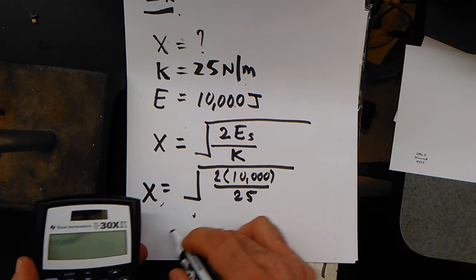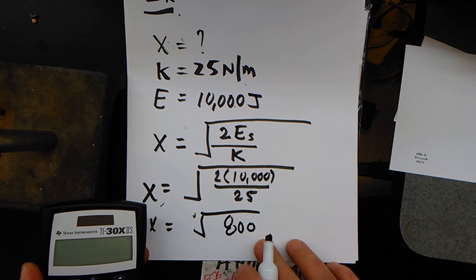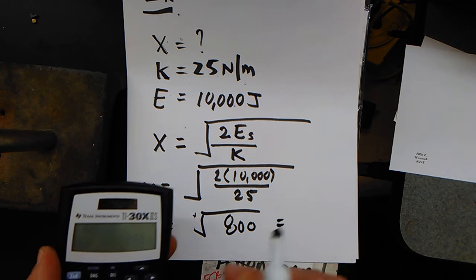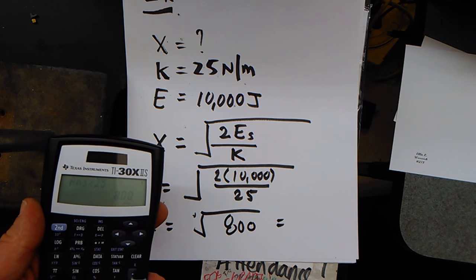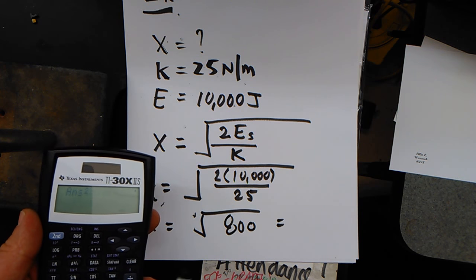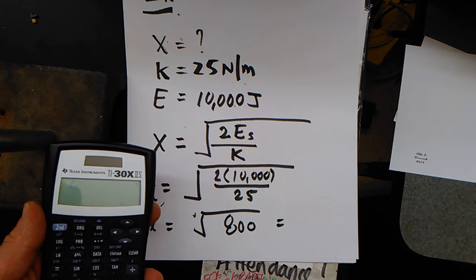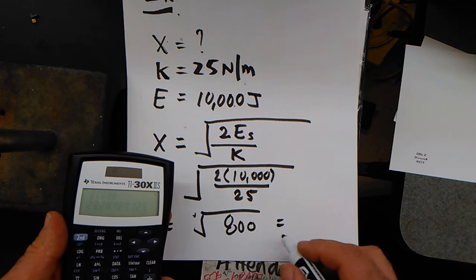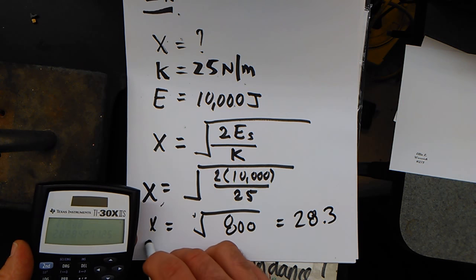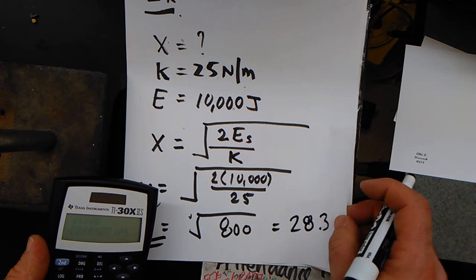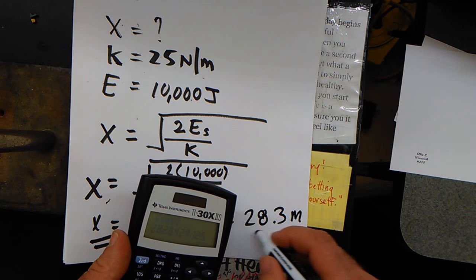So I got x is the square root of 800, just using the numbers, which equals, I've got to square root that now, 28.3. Now, it stretched or compressed by 28.3 meters.